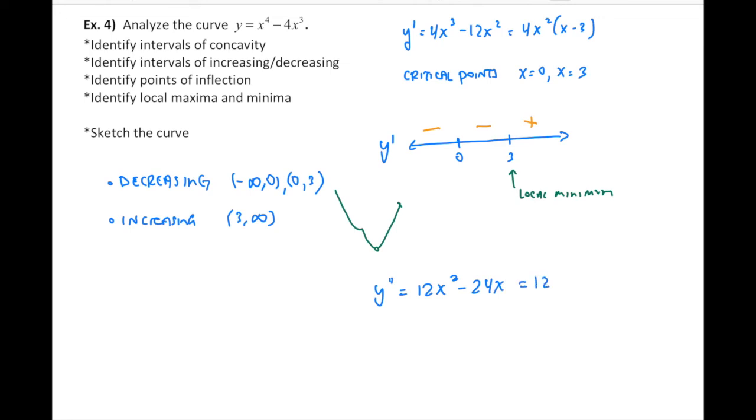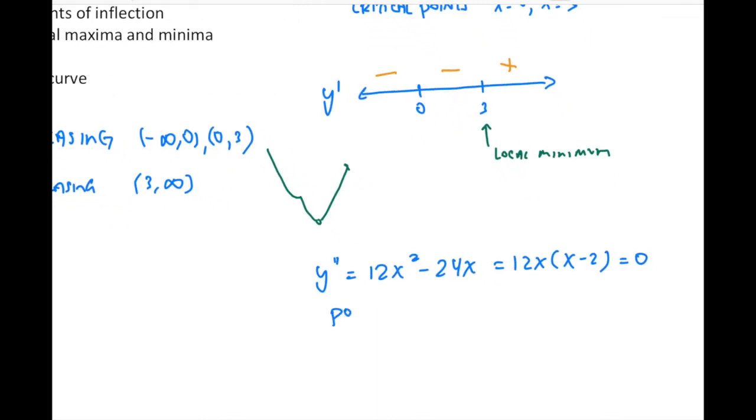It's going to be 12x times x subtract 2. The second derivative set equal to 0 will give us possible points of inflection. It's going to be at x equals 0, x equals 2.